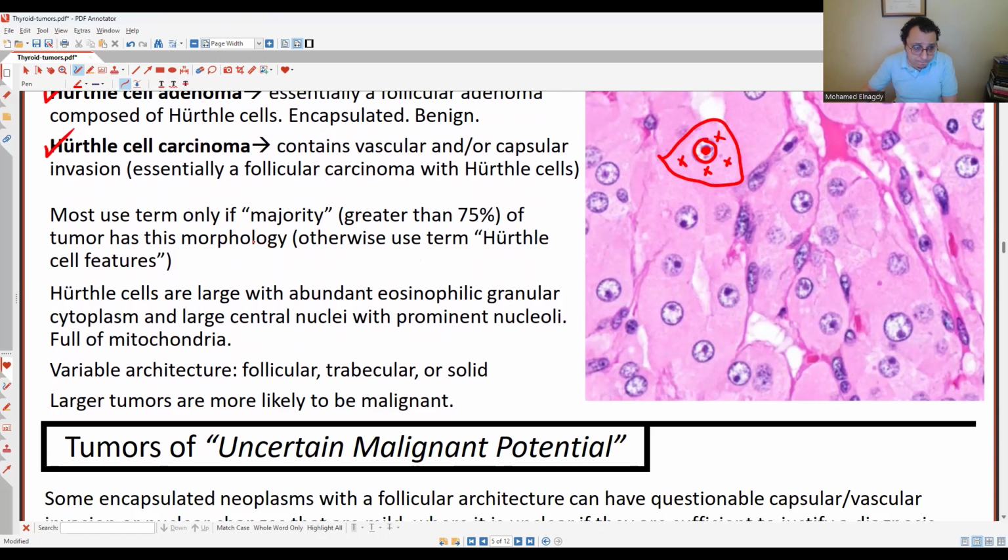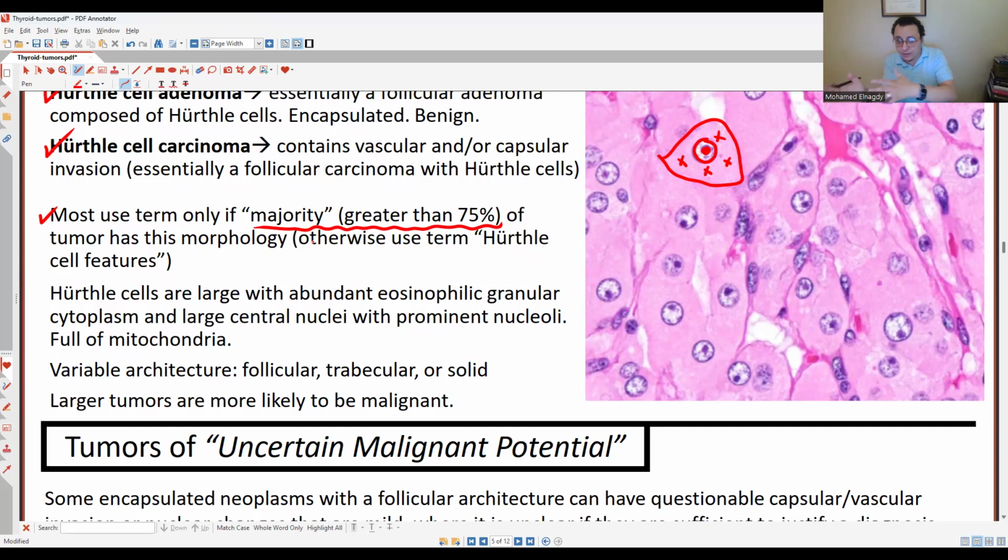See, he's saying that you use the term Hurthle adenoma or Hurthle carcinoma if the majority, like 75%, of the cells in the tumor are Hurthle cells. Otherwise you write follicular adenoma with Hurthle cell features, or papillary thyroid carcinoma with Hurthle cell features, because you might see some Hurthle cell metaplasia aside from the papillary thyroid cancer features or follicular adenoma/carcinoma.